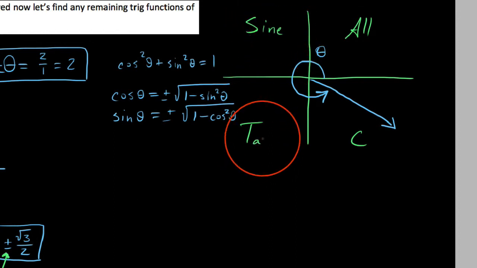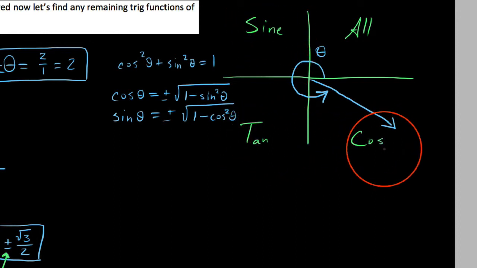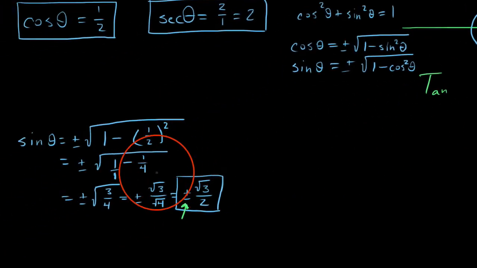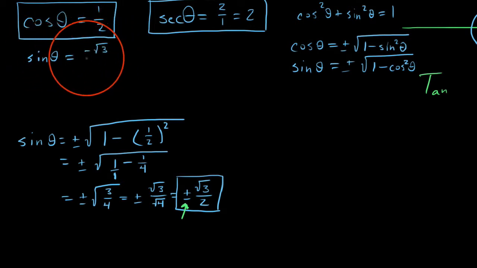Tangent is the only thing positive in the third, and cosine the only thing positive in the fourth. Our angle terminated in the fourth quadrant, and the only thing that's positive there is cosine. So that must mean that the sine is negative. We just discovered that the sine is radical 3 over 2, but it'd be negative radical 3 over 2.